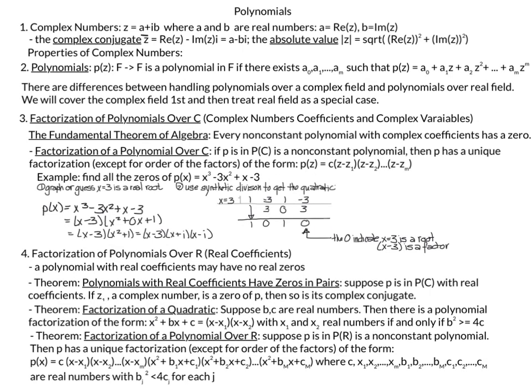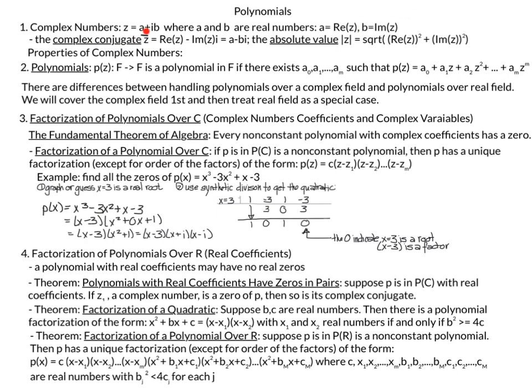And that's it for our review of complex numbers and factoring complex polynomials. To review what we have covered, we talked about complex numbers. z is equal to a plus ib when a and b are real numbers. a is called the real part, and the b that gets multiplied by i is called the imaginary part.